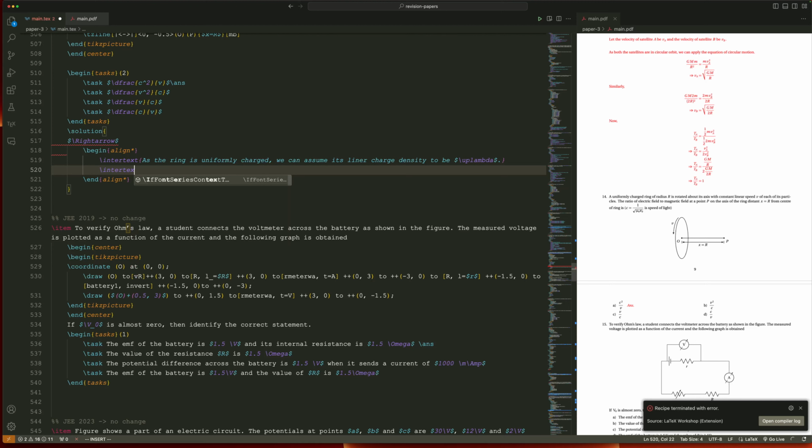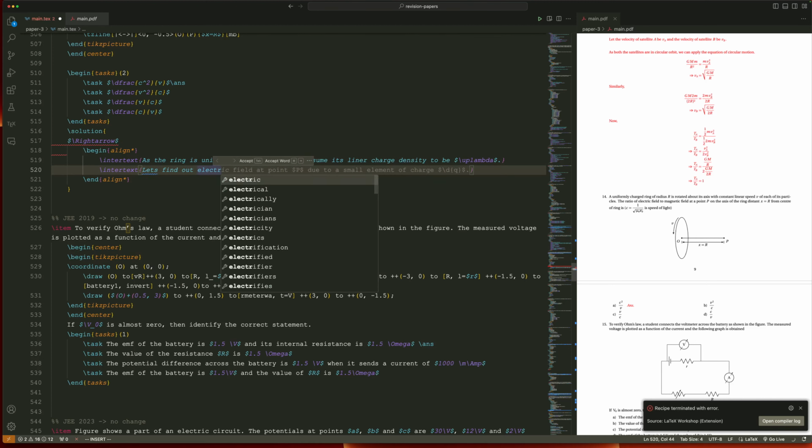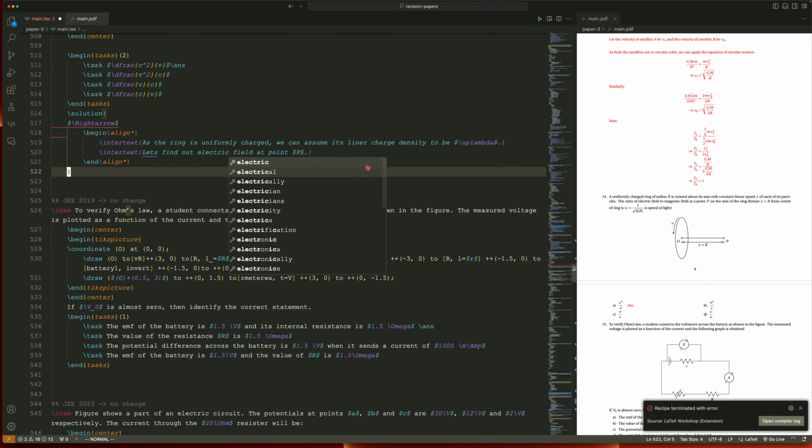So firstly, let's find out the electric field first. Electric field at point P. Oh, come on. What is happening?